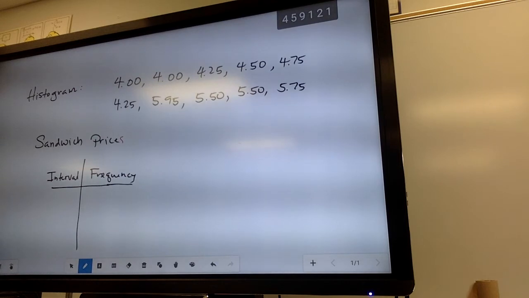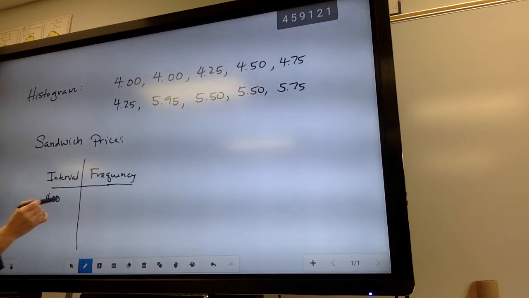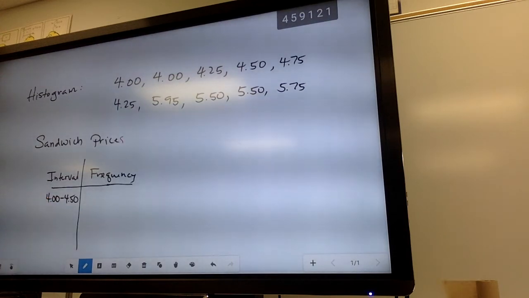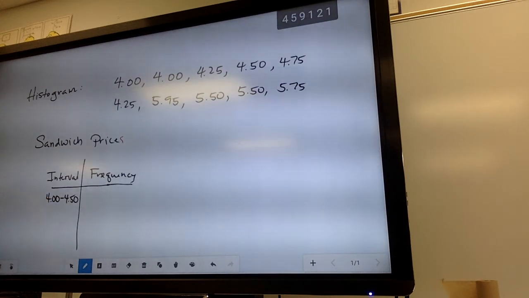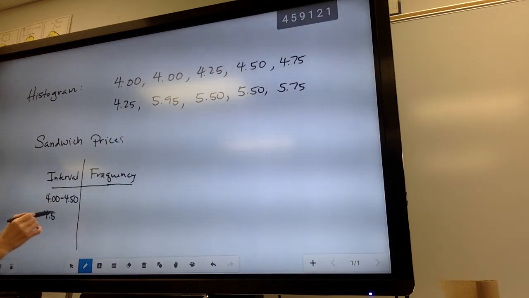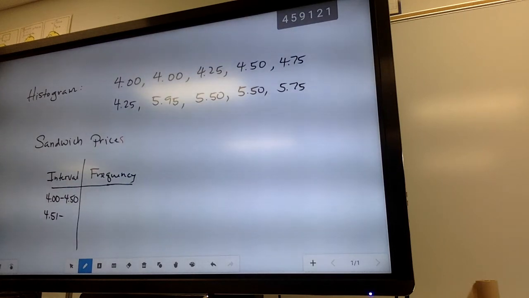50 cents? Okay, so let's go from $4 to $4.50. That's an interval of values. That means my next interval would go from $4.51. Actually, I'm going to come back here.